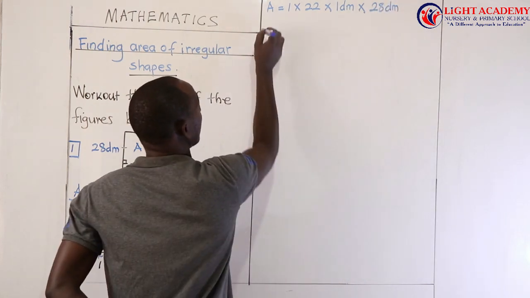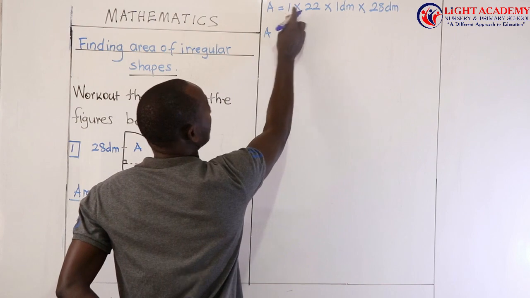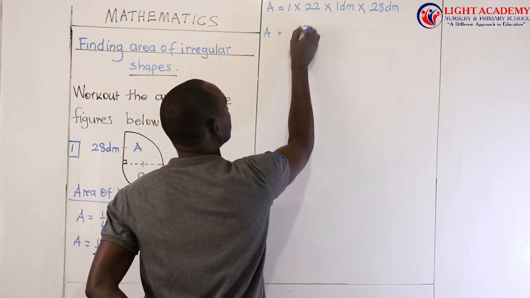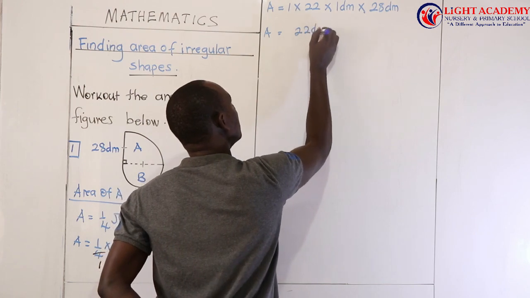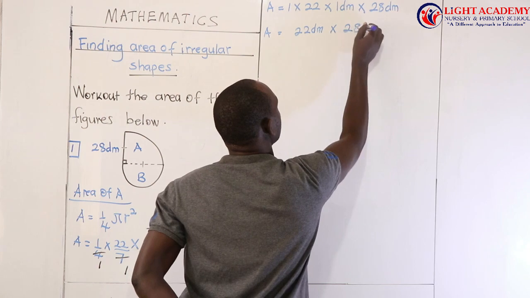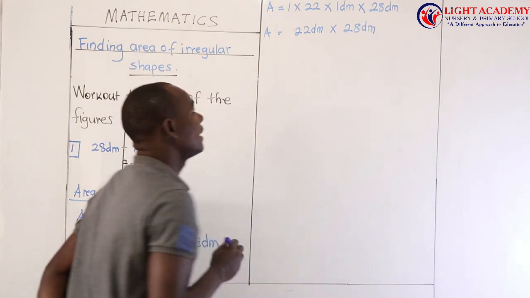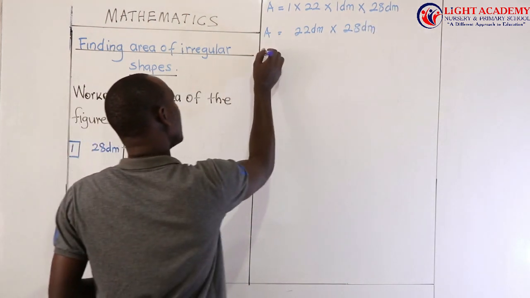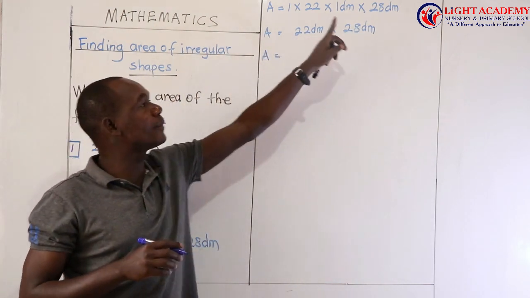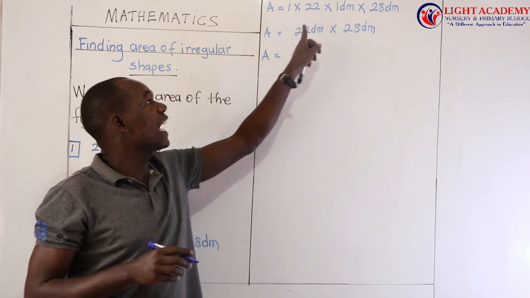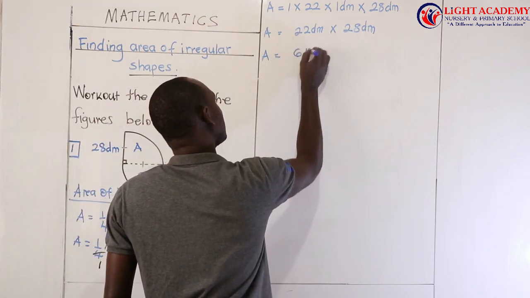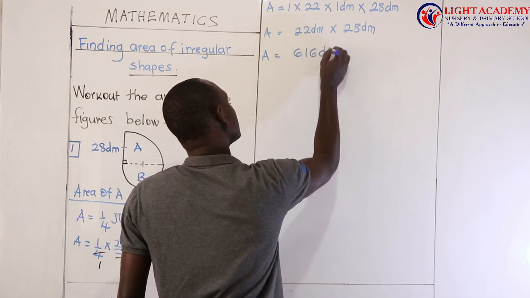In this case, our area will be equal to 1 times 22 is 22. 22 times 1 decimeter, you get 22 decimeters. Then times the other side, which is 28 decimeters. So I will remain with my area of part A, which is the upper, as being 22 decimeters times 28. 28 times 22, you get 616. This is decimeters squared.